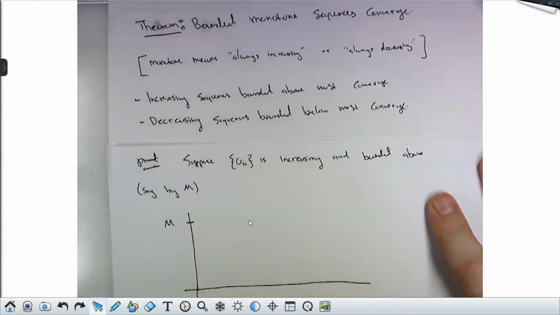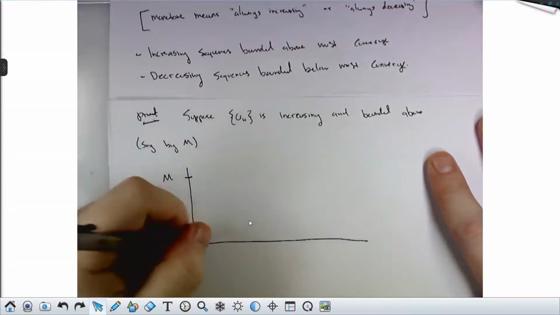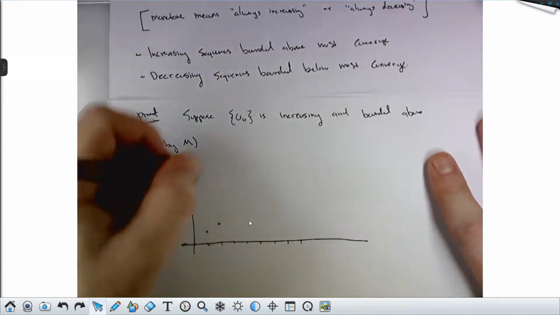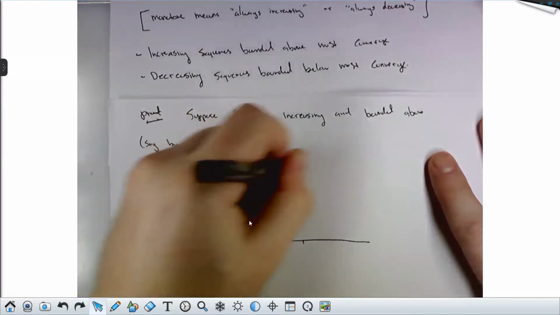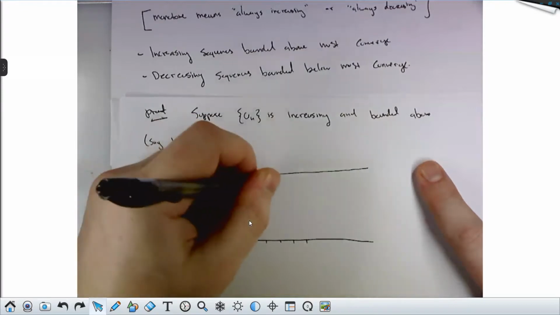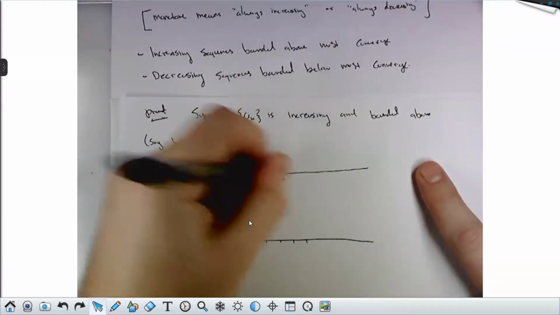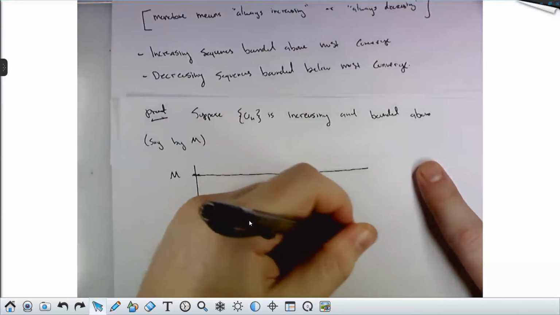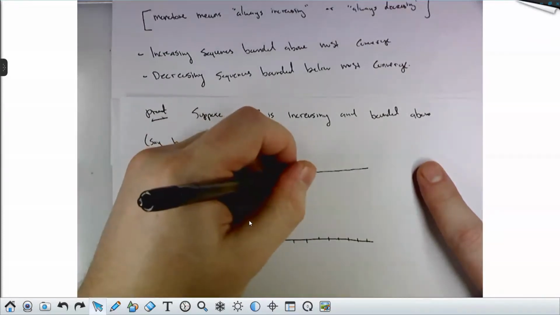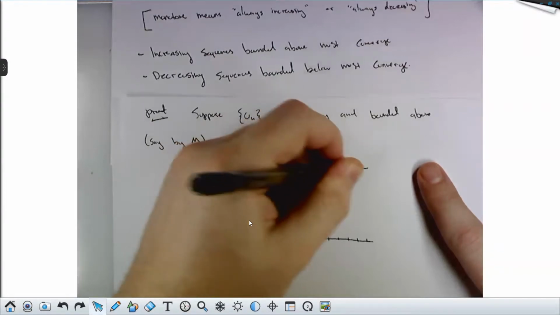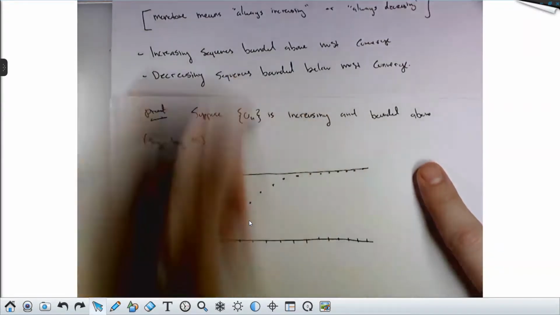Here's m, and the graph of my sequence is always increasing, so my graph is always going up. But then something happens. It's not allowed to go past m. It's increasing, so it always has to keep going up, but it's not allowed to go past this line. That means the dots have to start piling up on this line. It's got no other choice.